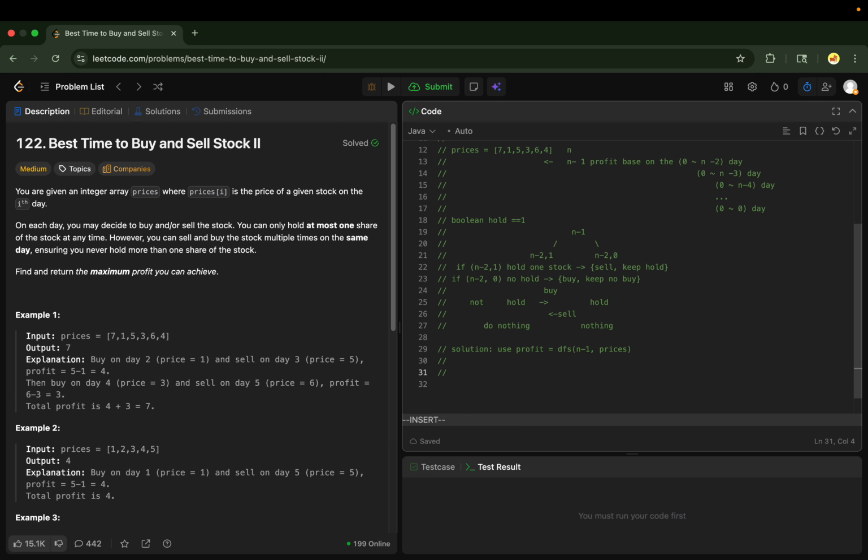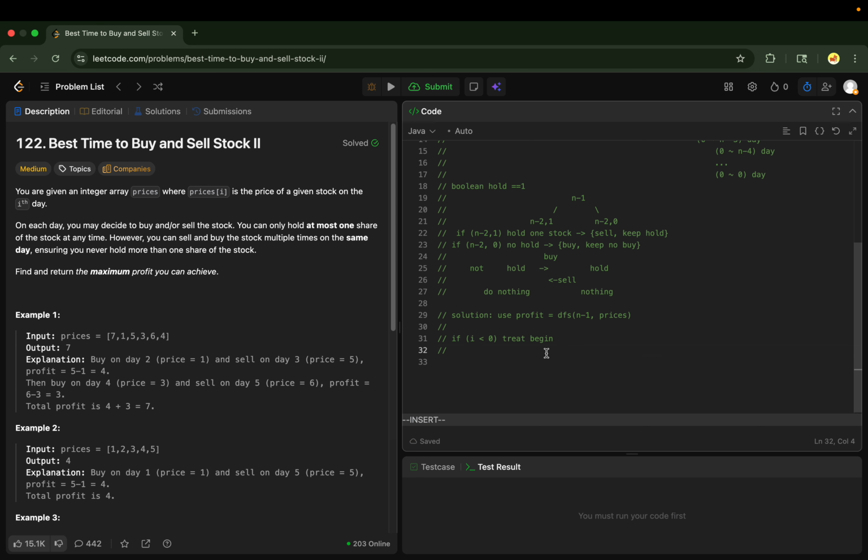So when does it stop? If the current index, starting from 0, is smaller than 0, which means we didn't find anything. This is treated as the beginning. So if the index is smaller than 0 and hold is equal to 1, which means not good, it's impossible because on the first day you cannot do anything.